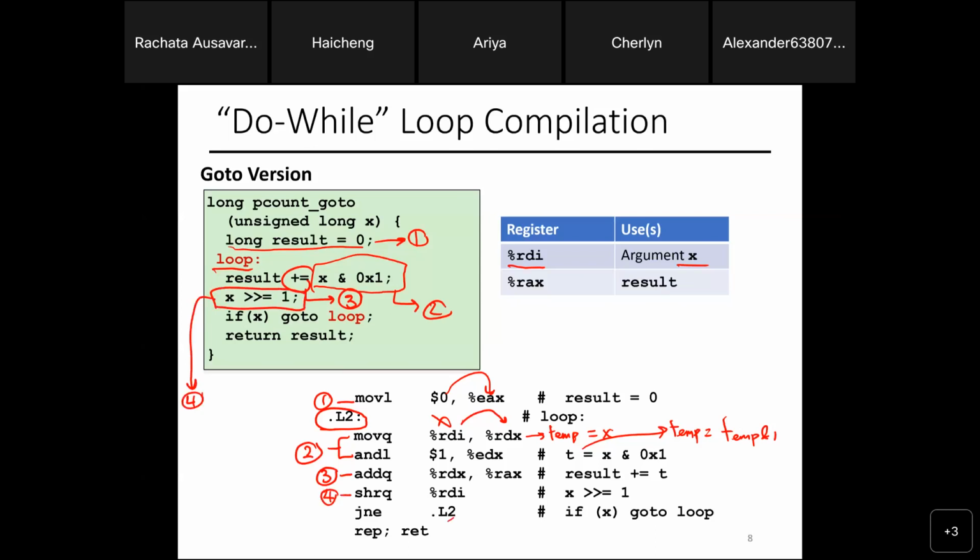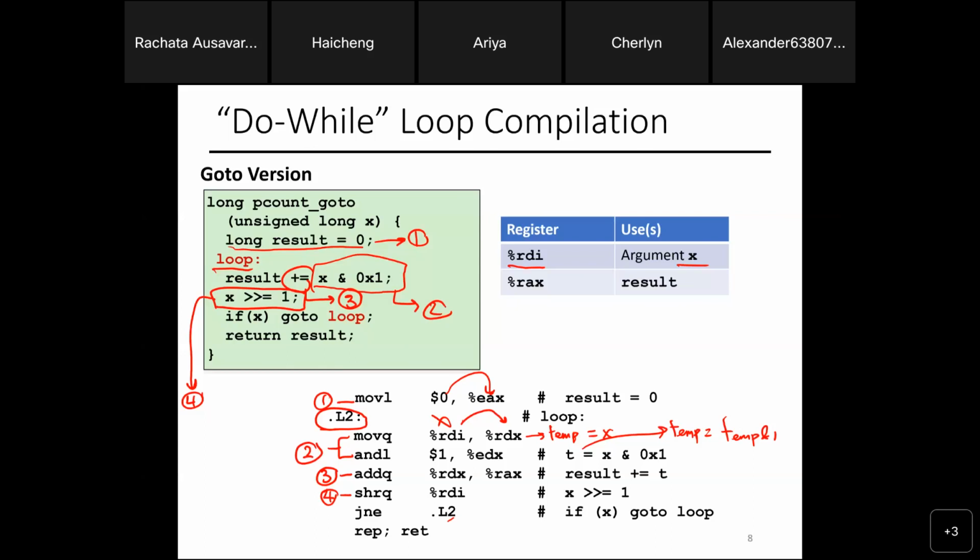Now, when you do the shifting, with the status register, if the shift results in 0, what would happen? If I shift and the result is 0, it will set the zero flag to be 1. Remember in x86, if you do something, you always update the status bits.